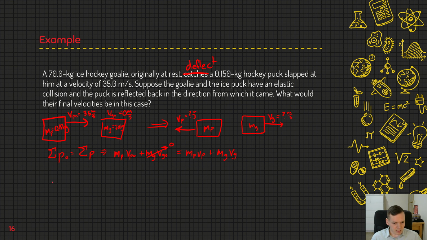Conservation of kinetic energy is going to be that the change in KE for the goalie plus the change in KE for the puck is going to be equal to 0.